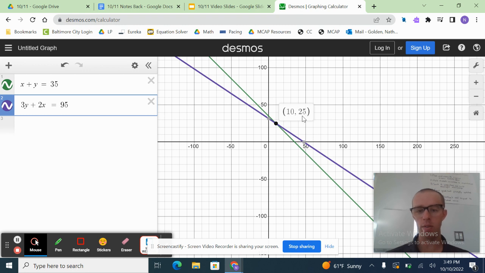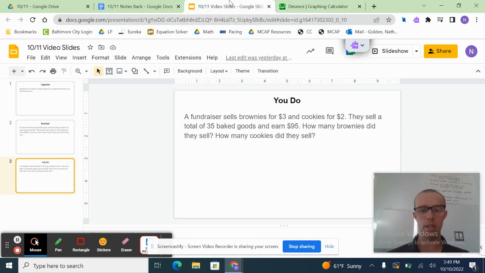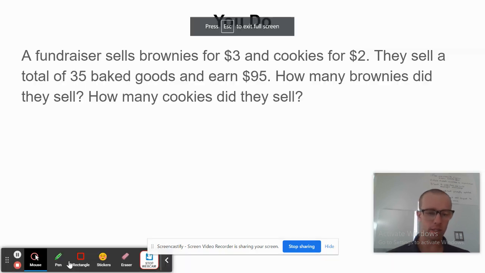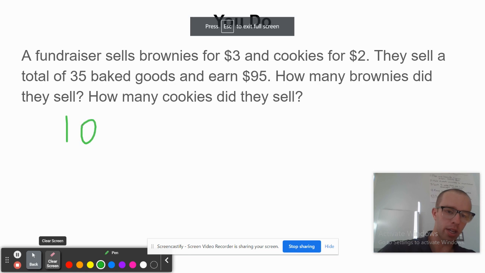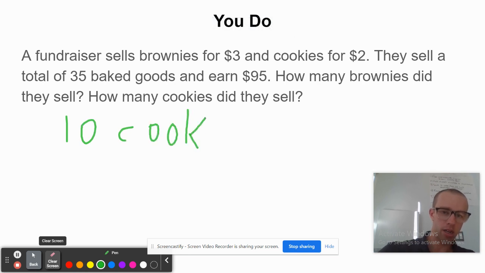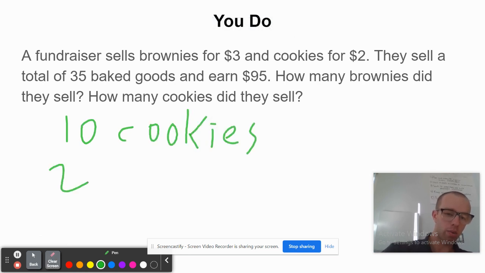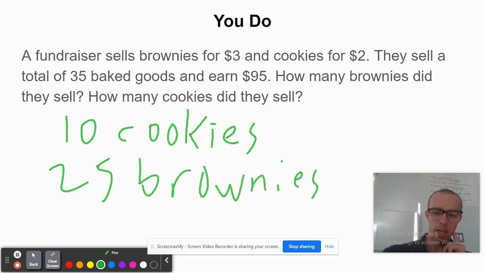And the Y value is 25, which means they sold 25 brownies. So our answer to this question is 10 cookies, 25 brownies.